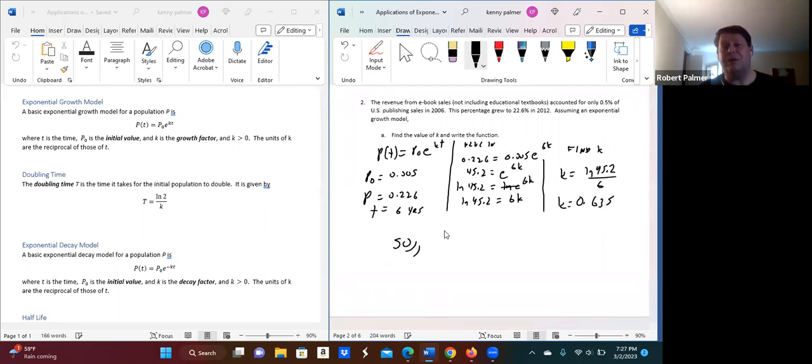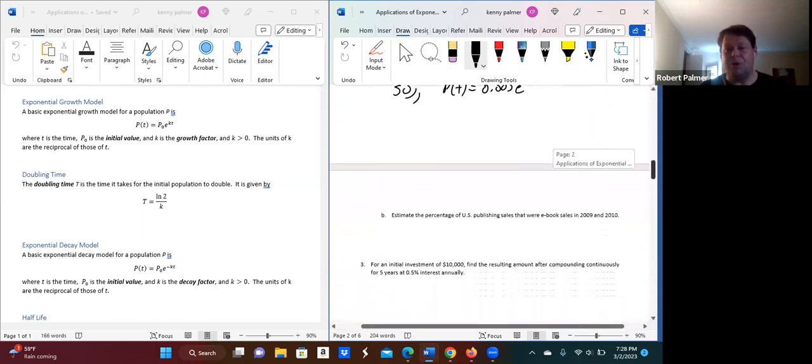So our exponential model then is P of t is equal to, and P of 0 here was, remember, 0.005, so P of t is 0.005 times e to the 0.635 times t. Okay, that's our model.